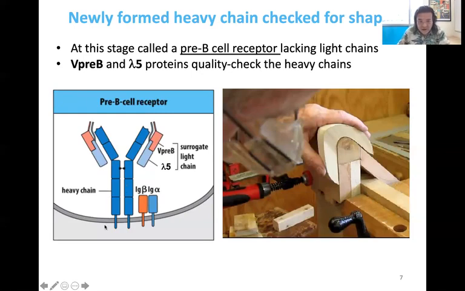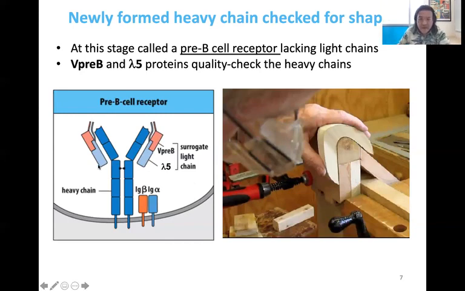Here you see on the left, the developing B cell has successfully done its VDJ recombination to make its heavy chain. So now it makes the product of this VDJ choice. It transcribes it and then translates it. And now you have this heavy chain, which is this dark blue heavy chain here. This is inside of a vesicle inside of the cell. That's why you can tell it's on the wall of this vesicle here.